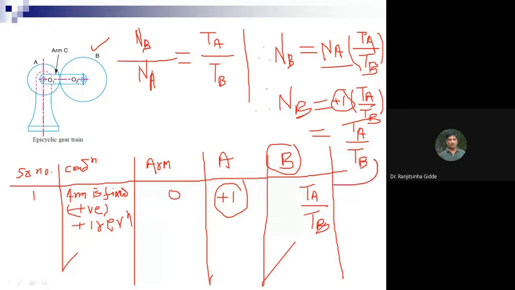We have taken this value here, remember that this is the final one. Now based on revolution, A is rotating in anti-clockwise direction, so B will rotate in clockwise direction. So for anti-clockwise we have considered plus, for clockwise we need to consider minus. Did you understand this, Omkar? Yes, sir. So like this, in the first row we need to consider.